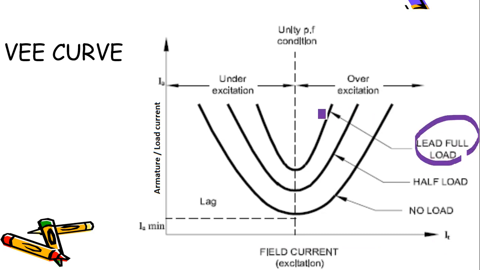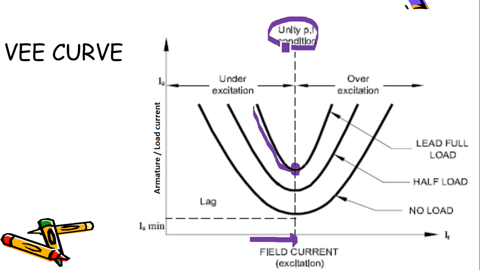Now the full load condition, it is like this. The armature current is high here. At a particular condition of field current, let us say the current is high, and as the field current is going to the rated value, we can see the load current is coming to a lesser value, and at a particular point it will be having the least value of load current, and that is the unity power factor condition.